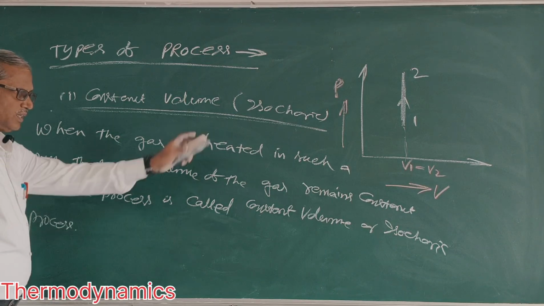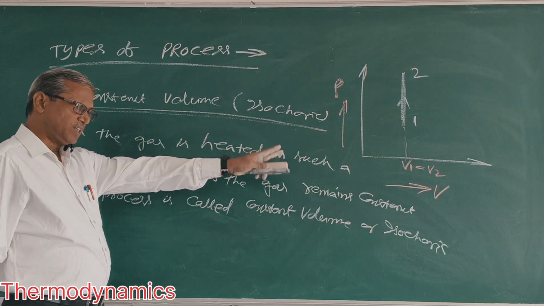Clear? The volume is constant, means V1 is equal to V2.